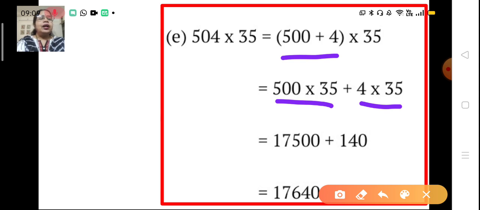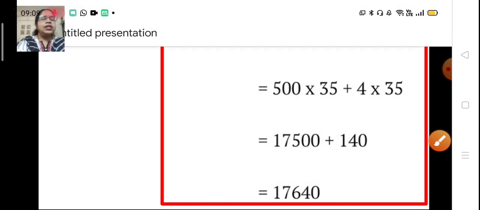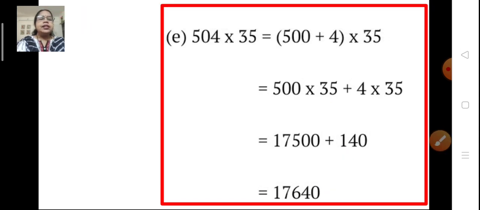While multiplying 500 by 35, we can multiply 35 by 5 and add 2 zeros to it, isn't it? When we multiply 35 by 5, we get 175 and add 2 zeros to it, so it becomes 17,500. Now, multiply 35 by 4, it becomes 140. When we add both of these numbers, we get 17,640 as the answer.